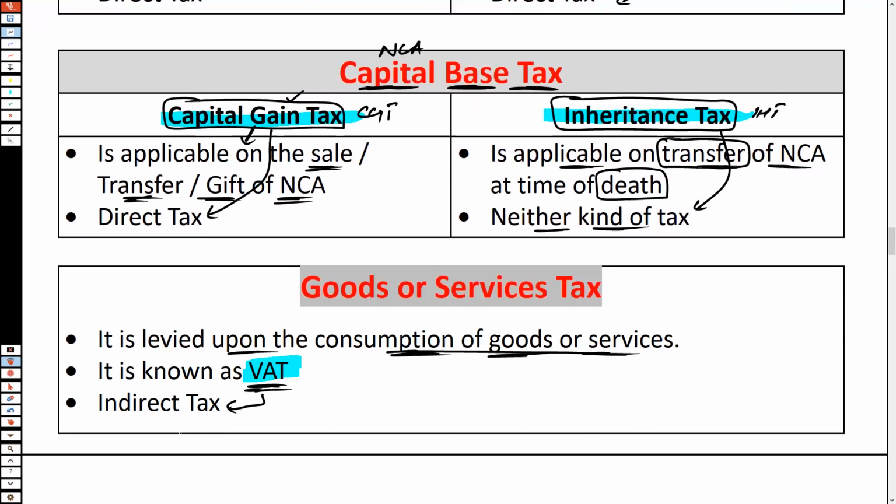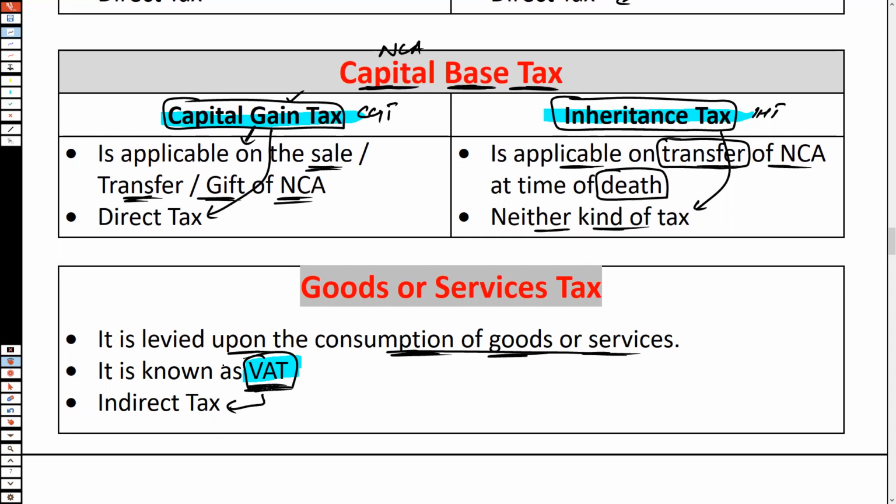Basically, it transfers from manufacturer to wholesaler, then from wholesaler to retailer, and then finally from retailers to end consumers. So basically, value added tax is mainly there for the end consumers. And if you want to avoid the value added tax, you need to stop consuming the goods or services.